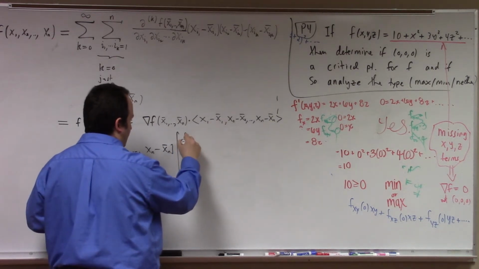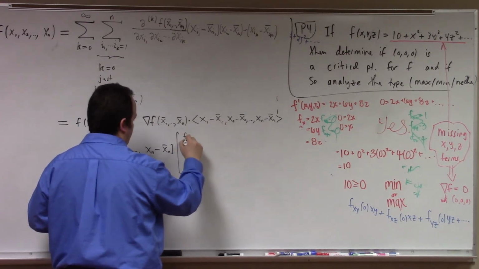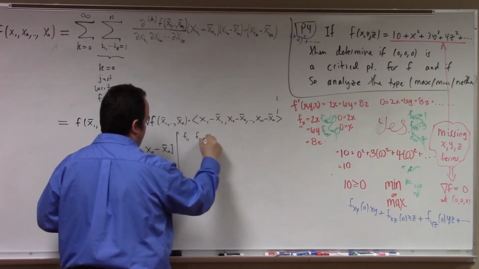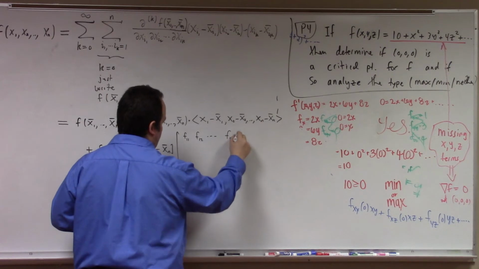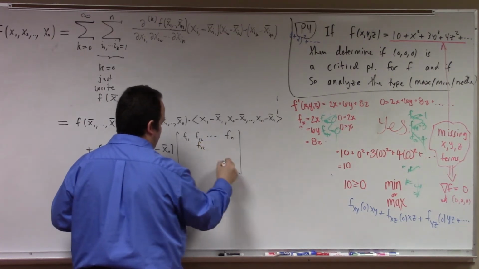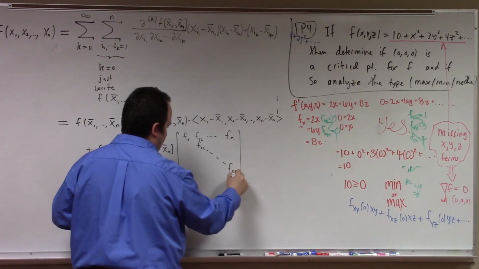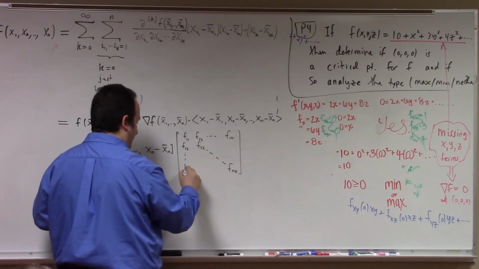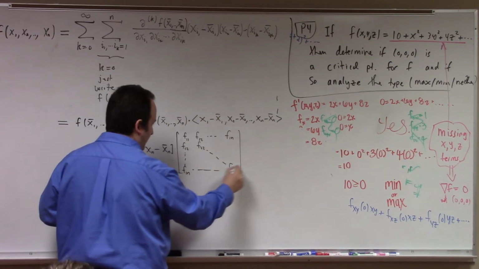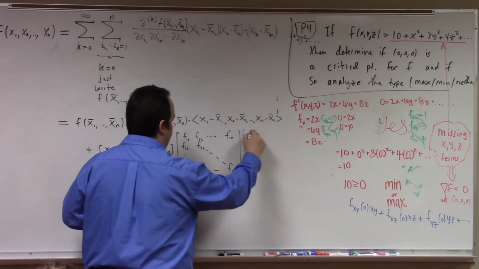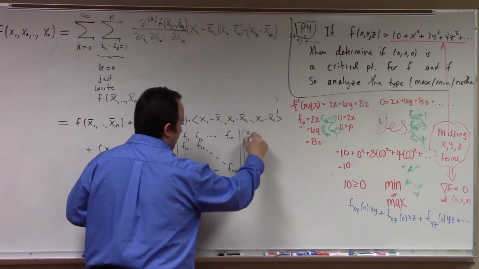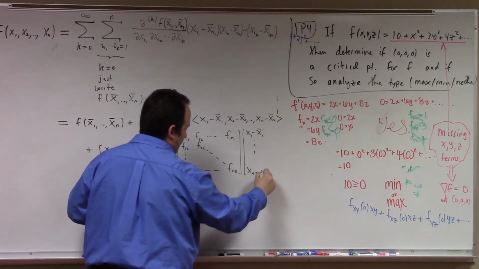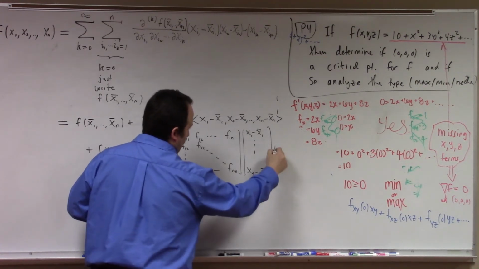The matrix looks like f11, f12, f1n, and we have f22, fnn down the diagonals. It's a symmetric matrix, so this is f12, f1n, and then times the difference vector again, x1 minus x bar 1, through xn minus x bar n, and then higher order terms.